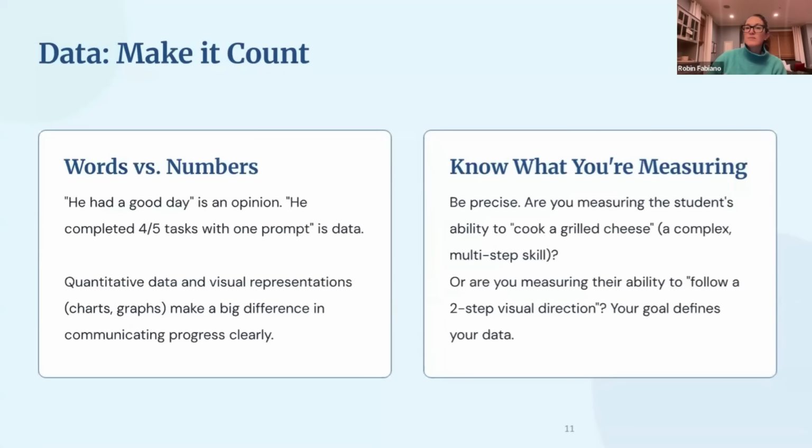And we want to make sure that we're communicating progress clearly, especially for those situations where there's a dispute or a question about an intervention, or we are all worried about a certain skill, or a parent is really, really questioning what a team is doing. Stripping out the emotion and presenting data makes a lot of sense and usually helps diffuse the situation, especially if the data is going in the right direction.